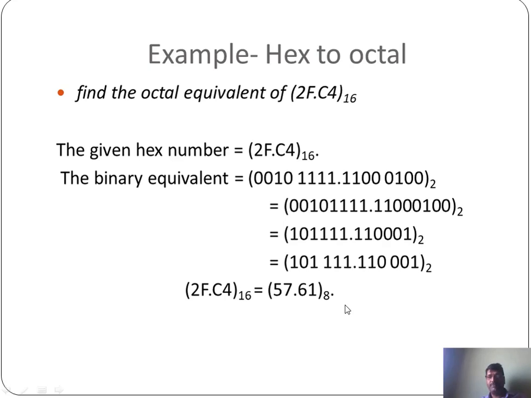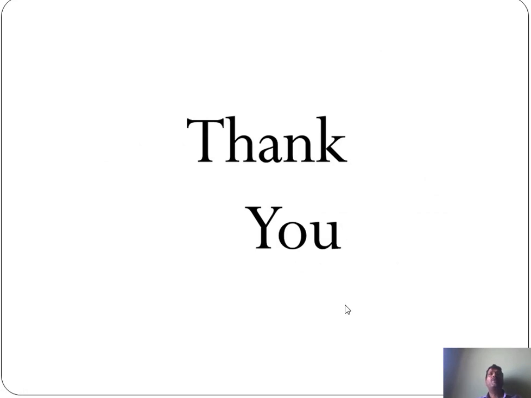Thus we have seen how a hex number is converted to the remaining 3 number systems, that is the decimal number system, the binary number system and the octal number system. In this way, we can convert any number system to another number system.